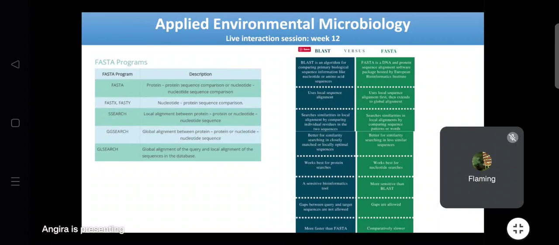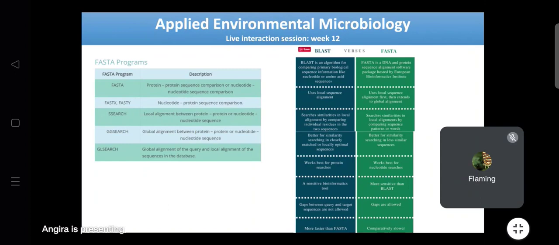So BLAST is mainly for comparison, whereas FASTA is mainly for alignment. So it aligns and therefore helps us to know about frame shift. What does BLAST use? It basically uses local sequence alignment. FASTA also uses local sequence alignment, and then sometimes it can extend to global alignment, wherein the entire sequence of the two nucleotides or two proteins are aligned.